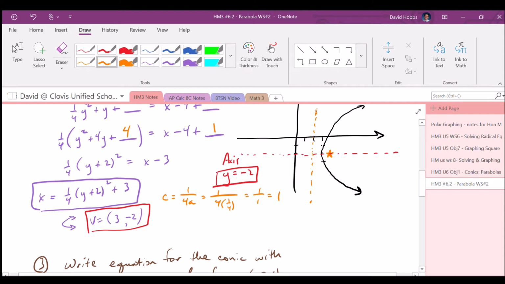And it's perpendicular. So x equals 2, we can see. And the focus, okay, so we moved 1 to the right of the vertex, 3, -2. So what changed? Well, the 3 went 1 to the right, so this is 4, -2, that's the focus. And that's what we're supposed to be doing with this one.